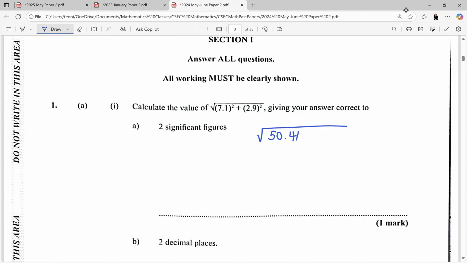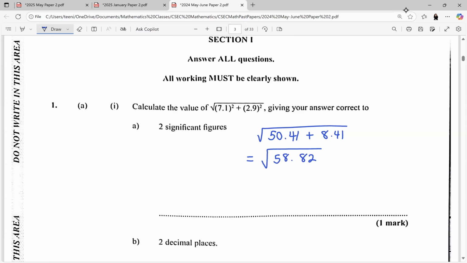Josh Perez is who I'm speaking to. 2.9 squared. 8.41. 8.41. All right, so then let's work out what is the sum of 50.41 plus 8.41. Josh, check that for me, please. 50.41 plus 8.41. What is that equal to? It will be 58.82. Good.